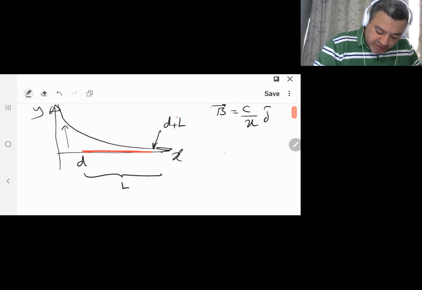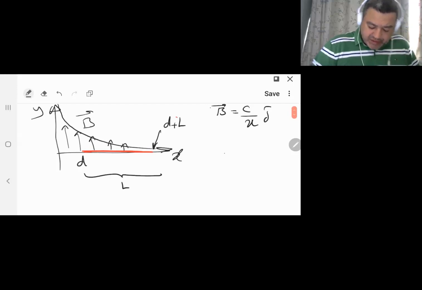In general, this is how the magnetic field is going to be aligned along the y, changing based on this equation.